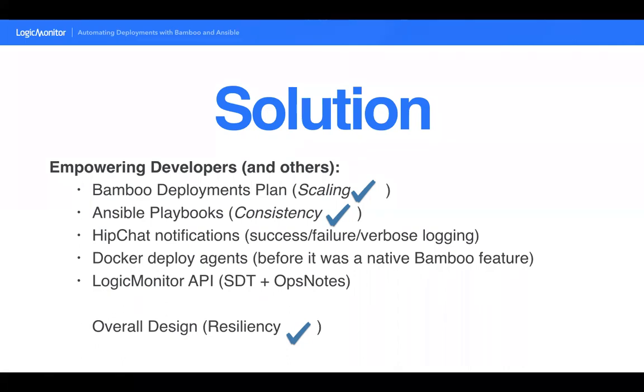We used Docker for the deployment agents. This was before Bamboo integrated this as a native feature. They've done that recently, and we're actually going to be looking at that. But what Docker enabled us to do was have basically an image with a self-contained environment that we could use to deploy our applications.